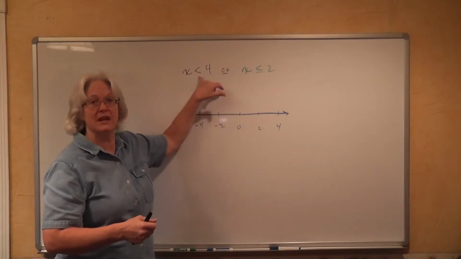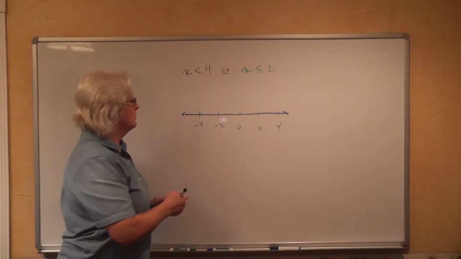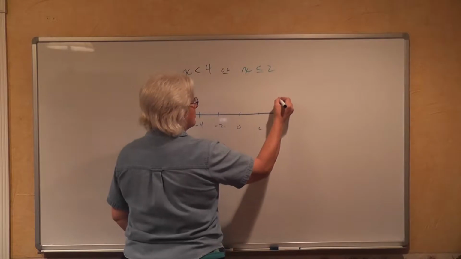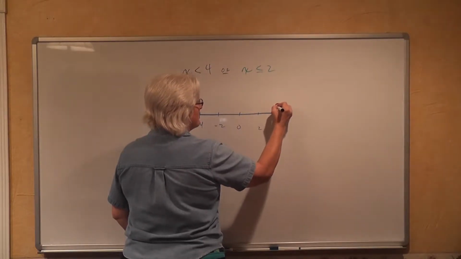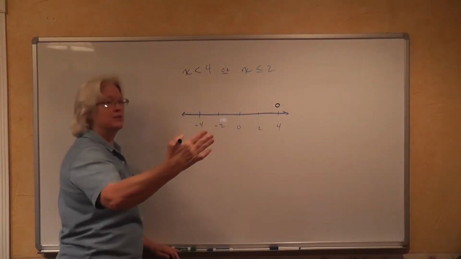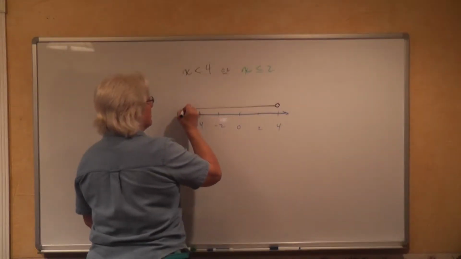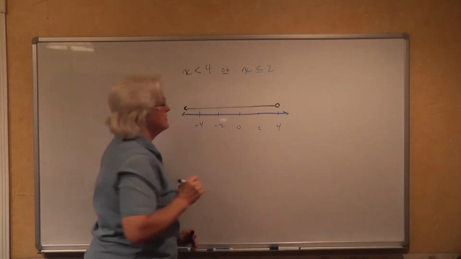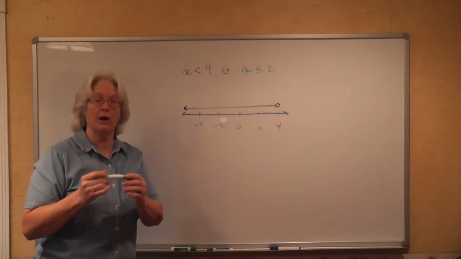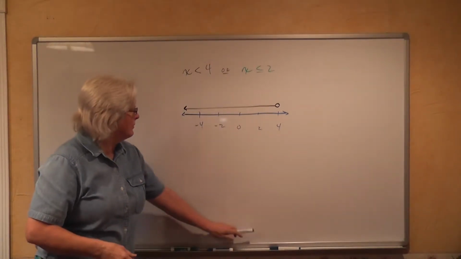What does it mean if we say that x is less than 4? Well, it tells us that 4 is not a part of the solution, so we have an open circle. But everything smaller than 4, or to the left on the number line, is a part of the solution. So there we have sketched our graph of x is less than 4.